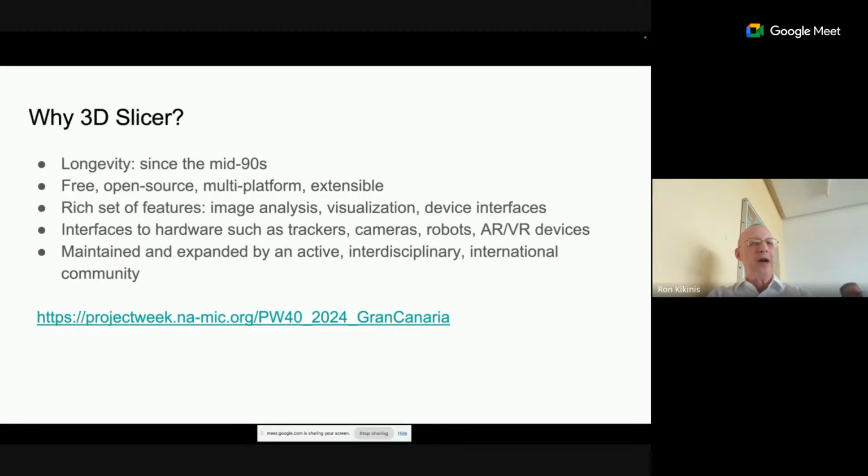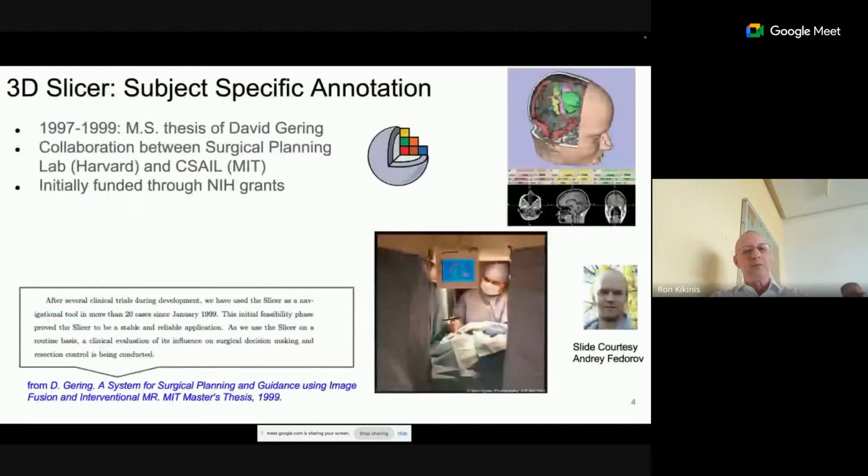And one of the vehicles, which was mentioned by Juan, and the fact that we do it here in the Canary Islands would not happen without Juan and his group, is the project week, where people come together to work on projects and interact with other developers and with some of the core developers.